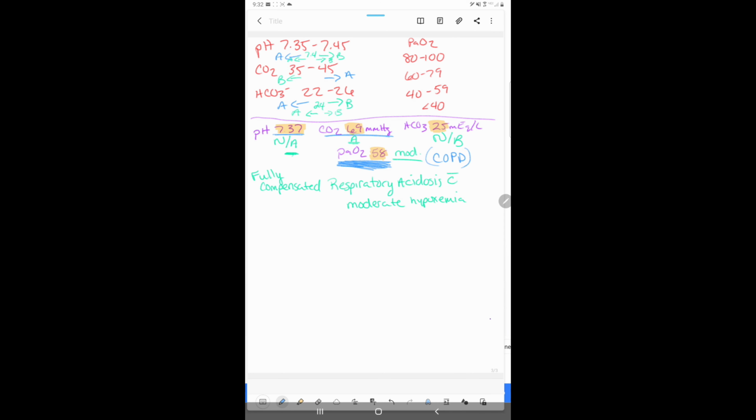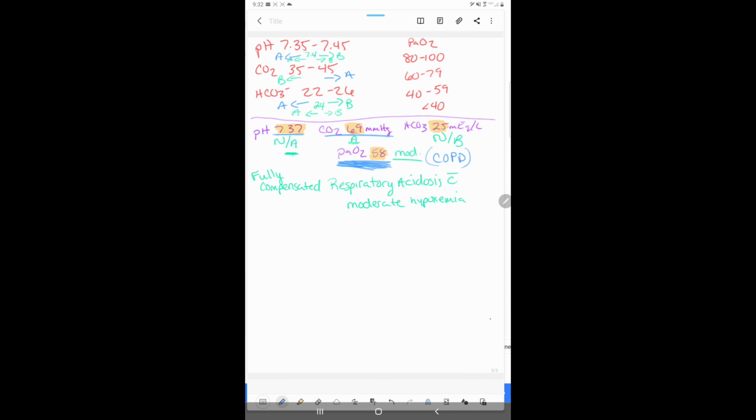And if it's a total emergency situation where you're having to bag a COPD patient, that is when you're going to give them 100% oxygenation. So if it's an emergency and they're having to do CPR on a COPD patient, then you're going to use 100% FiO2 while you're bagging them.